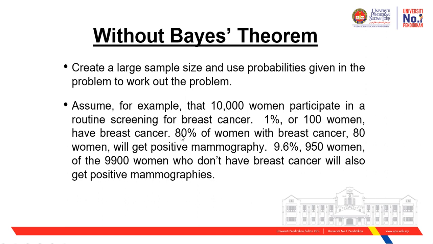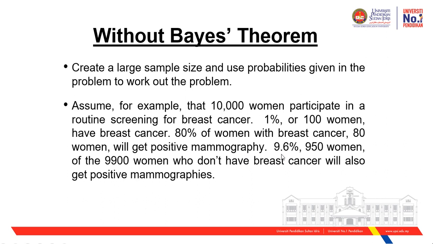Next, 80% of women with breast cancer. For this case, women with breast cancer is 100, so 80% means 80 women will get a positive mammography.